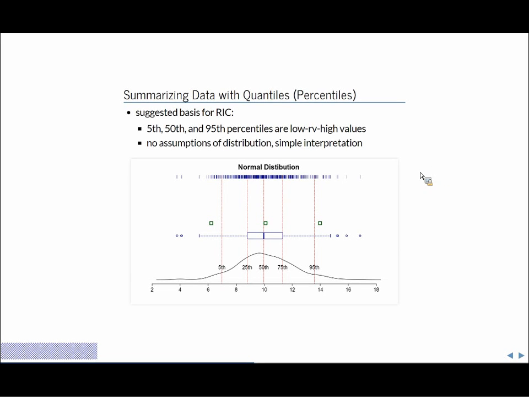And very quickly, in this figure here, there is a frequency distribution along the bottom, the black line of a normal distribution. Right above it, there is a blue box and whisker plot of that same distribution.